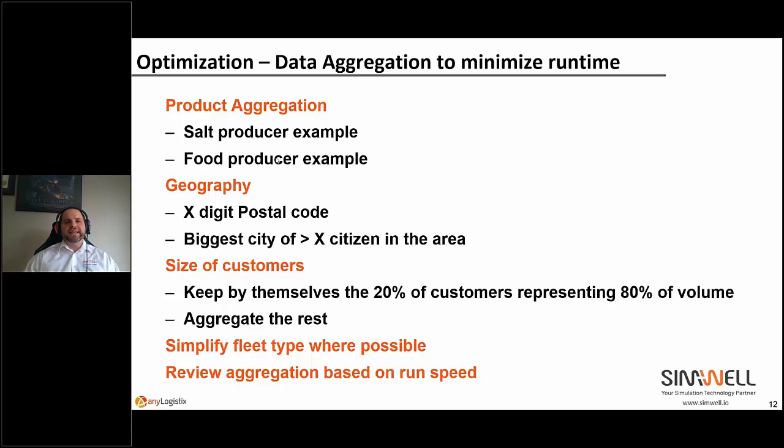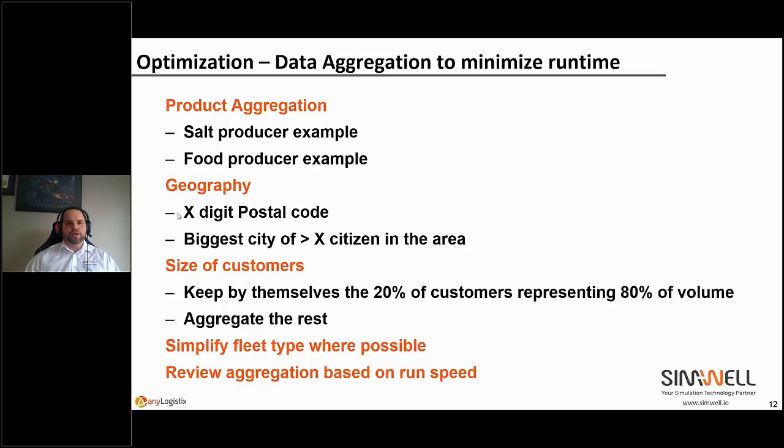So in that case, you cannot use the same product aggregation as we used for the salt producer, because that specific plant is producing these specific products, and they cannot be produced anywhere else. So in that case, we cannot aggregate the product. So be careful with that. Yes, speed is important, but not at the cost of key precision in your model.